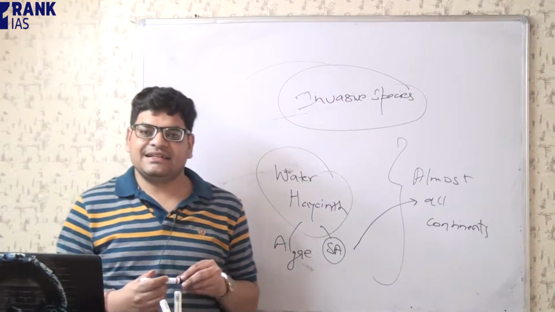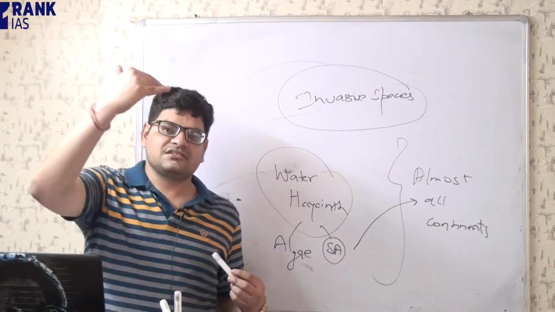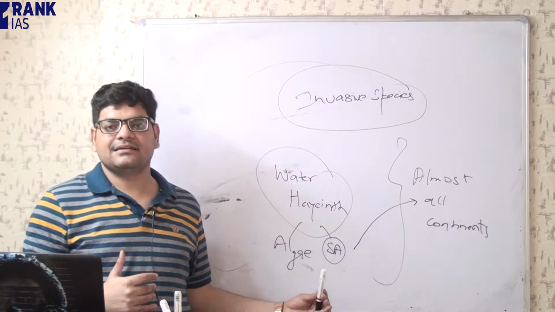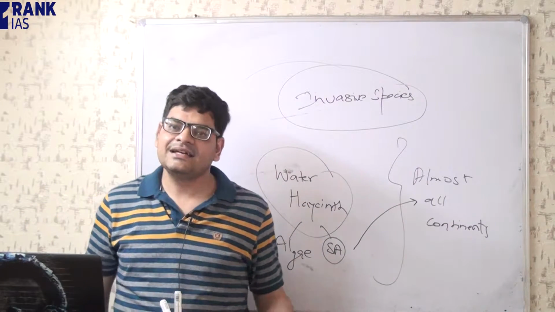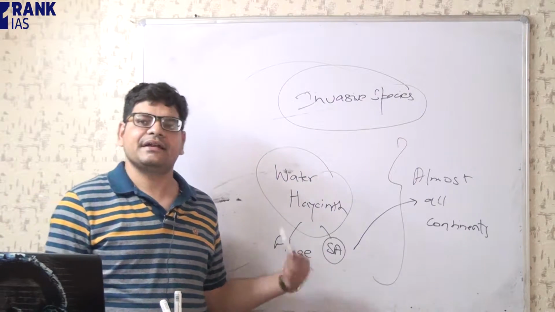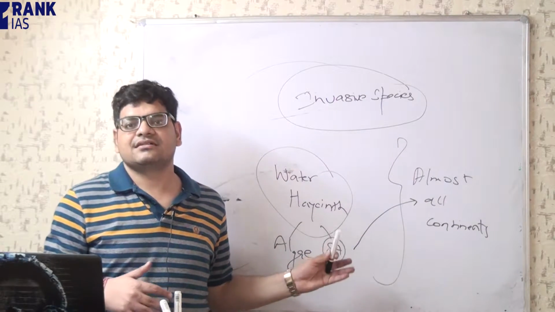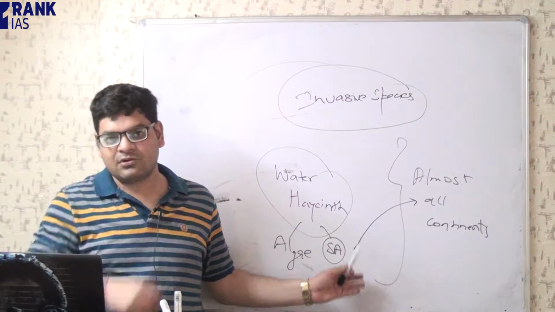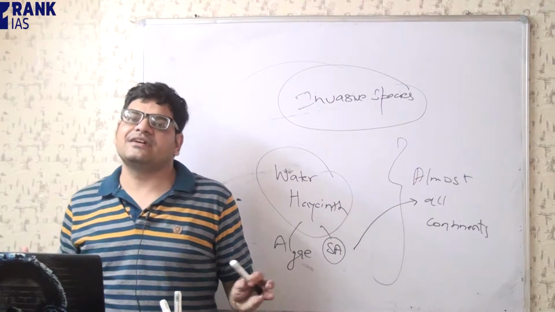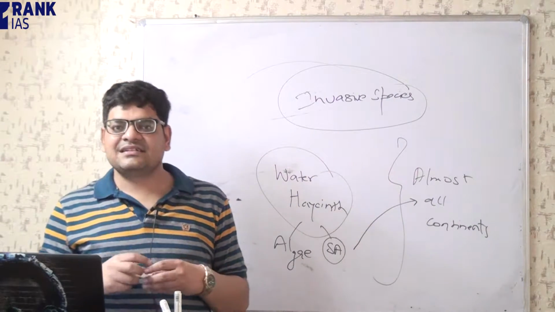Now, in an ecosystem the species are related in the form of food chains or trophic levels. So there are natural predators who maintain the optimum population of a species in a habitat. But when a species enters another ecosystem, there is an absence of predators who can control its population. So it increases in a very rapid way, and it reduces the resources available for other species in that region.